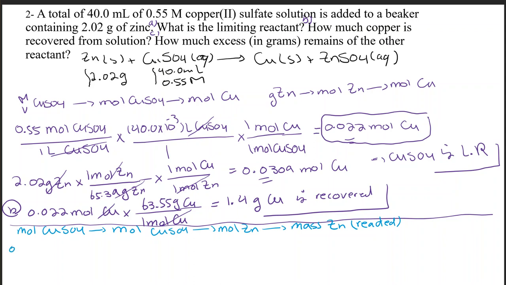So we have a 0.55 molar copper(II) sulfate solution. So to convert it to moles, we multiply by the volume of copper(II) sulfate solution.